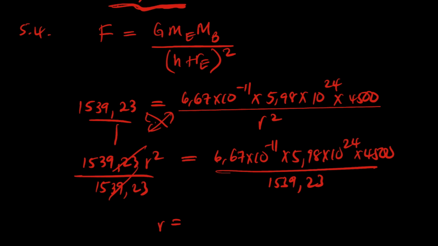So the answer there, let me punch that in the calculator. It's going to be 6.67 times 10 to the power negative 11 times 5.98 times 10 to the power 24 times 4,500, and then we divide by 1539,23.